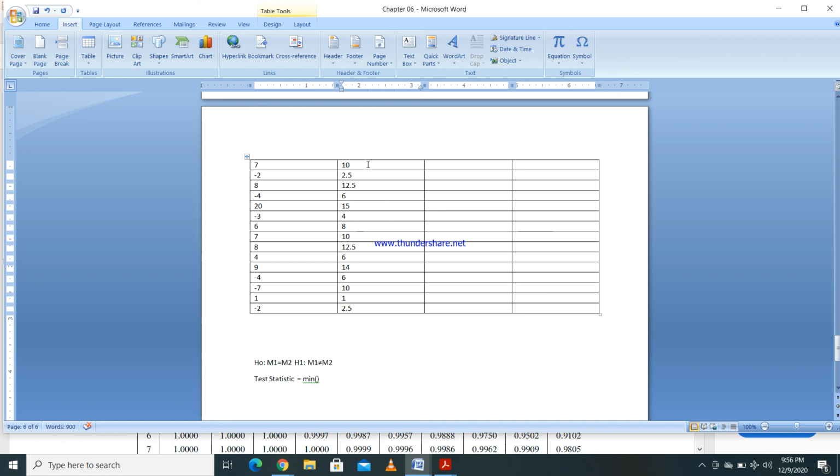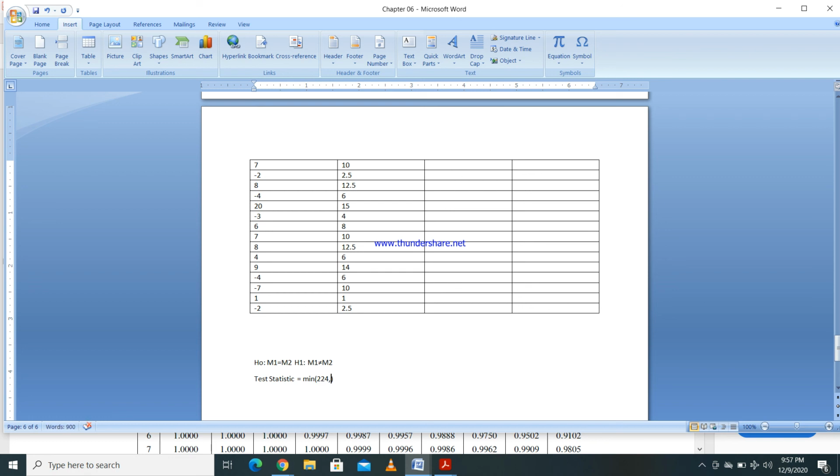Then 7, rank is 10. And then 8, rank is 12.5. And 4, rank is 6. 9, rank is 14. And 1, rank is 1. So when you take the total of the ranks of the positive differences, that is 214.